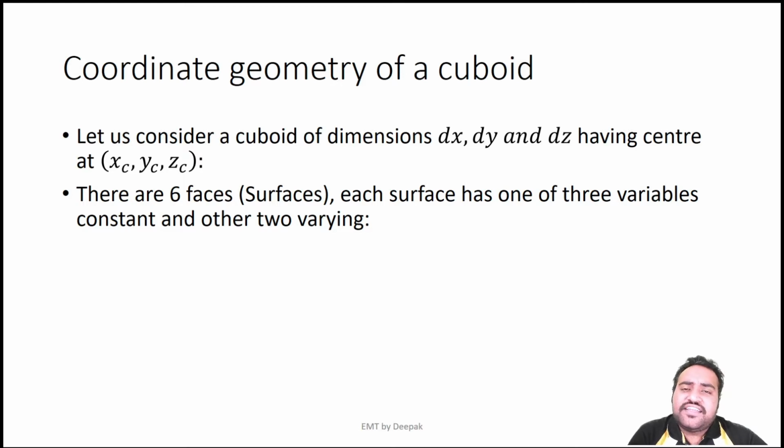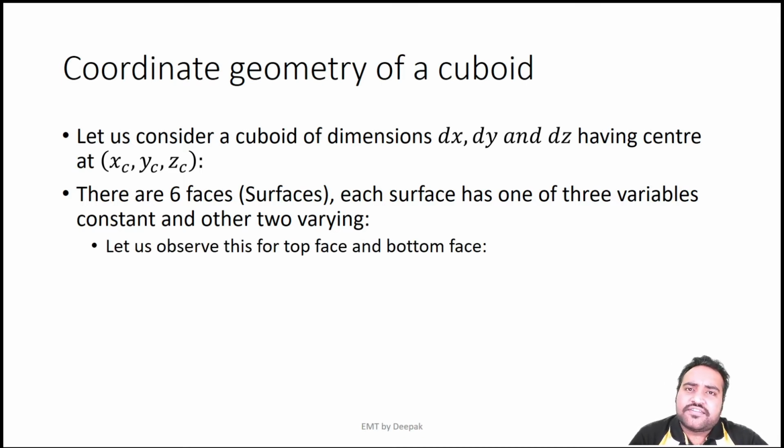Now, at these 6 different faces, at any instant, one of the variables would be constant and the other 2 would be varying. We have to find at which surface which variable out of x, y, z is constant and which of them are varying. If they are varying, from where do they start and from where to where do they end.